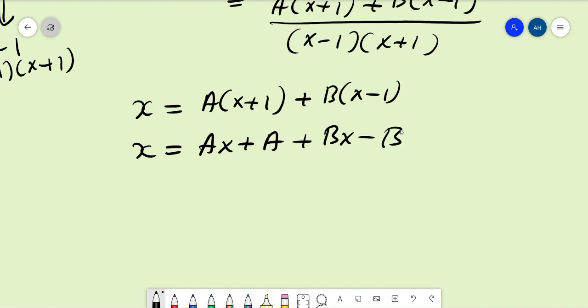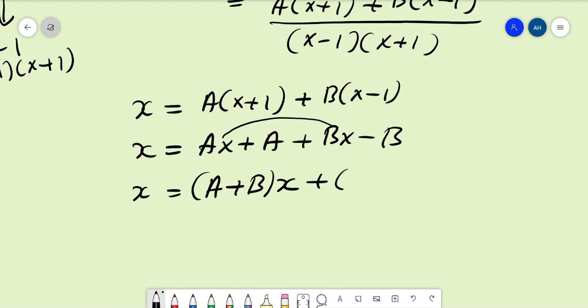So on the left hand side we still have x. Okay, ax and bx are like terms, so we can combine them: a plus b, and we factorize x outside. The terms without x are a minus b, so we put them together in one bracket like that.